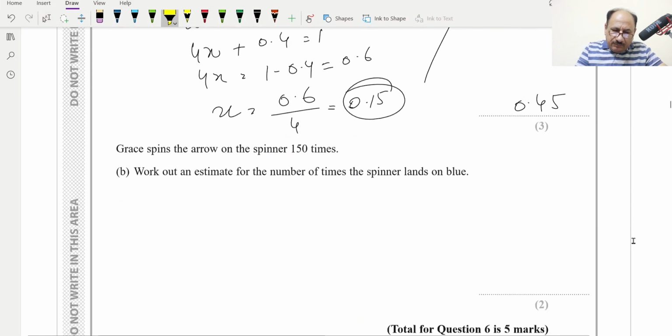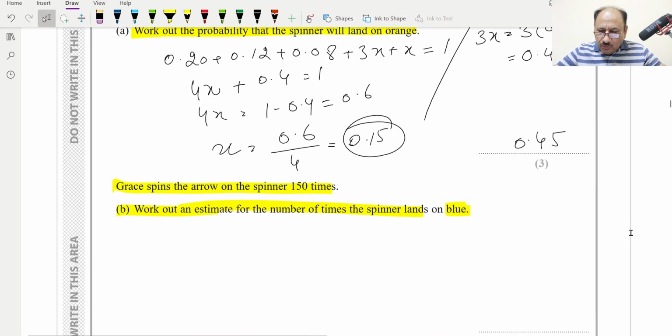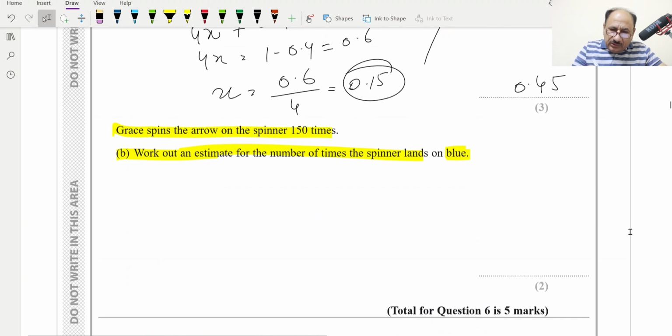Then the second part, B part. Grace spins the arrow on the spinner 150 times. Work out an estimate for the number of times the spinner lands on blue. This is blue, and the probability for blue is 0.12. So we'll multiply the probability of blue, 0.12, by 150 times.